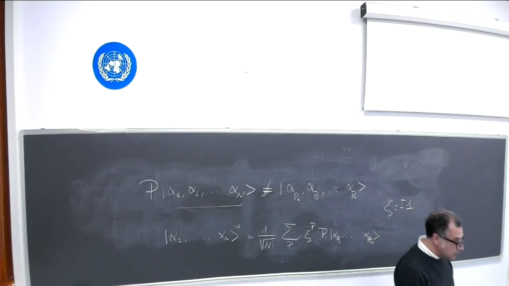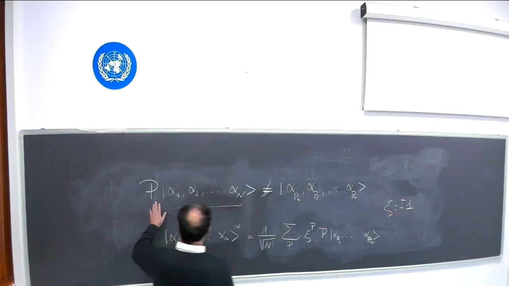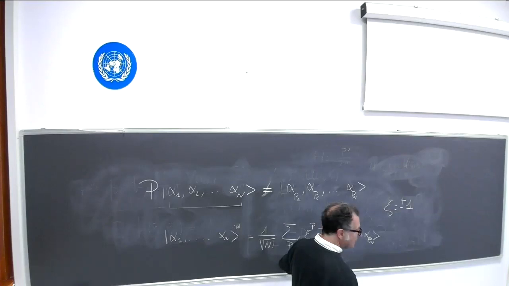Psi plus 1 refers to bosons, and psi minus 1 refers to fermions. Can you repeat the small p? No, this is psi.